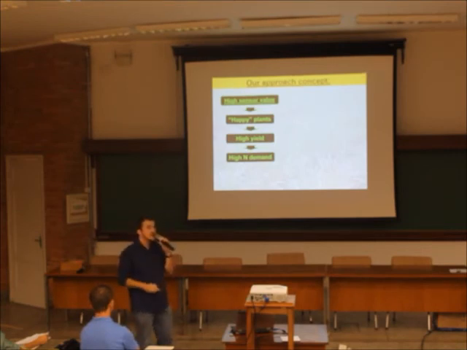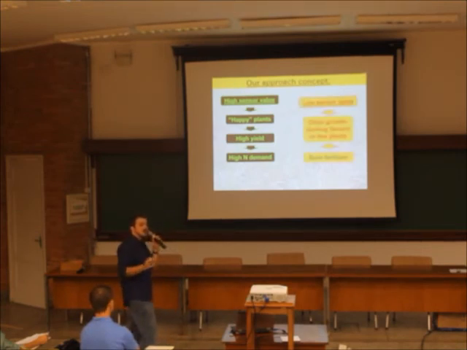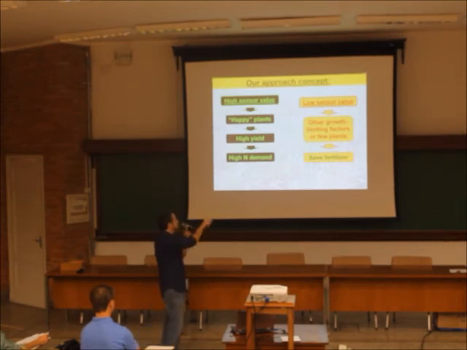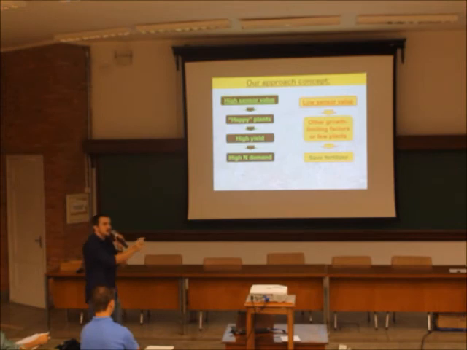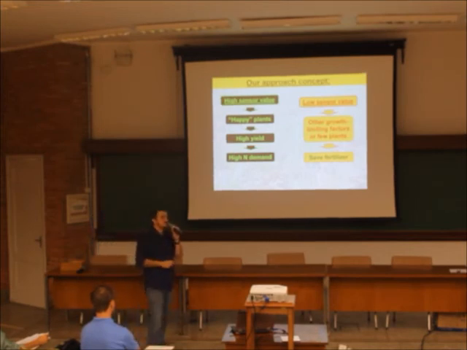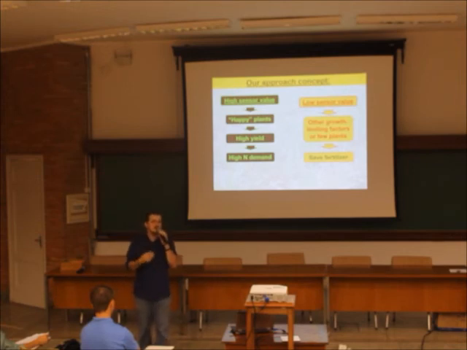So that's our idea. On the other hand, if you have a low sensor value, it means that in that part of the field there are other growth-limiting factors, instead of nitrogen, acting on the crop. Or you can even have few plants caused by damage.